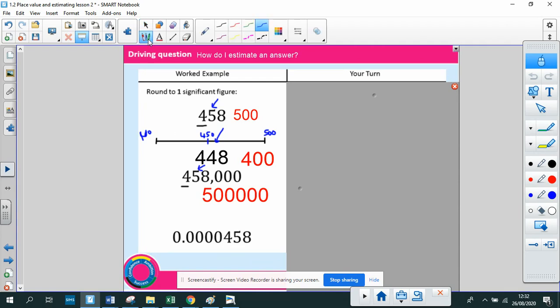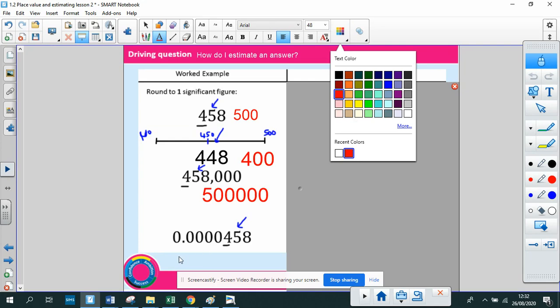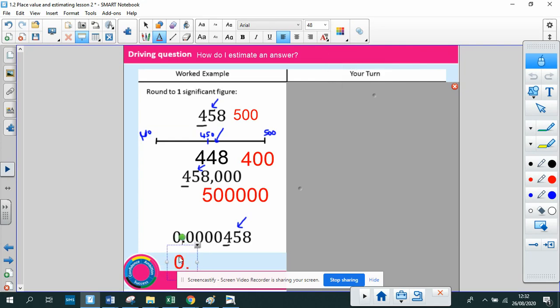So therefore this is the number that we're rounding, this one here. The decider is the 5. And our answer will be 0.00005. That 5 rounds the 4 up. We don't need to put any zeros after this, because the zeros after don't hold any value.